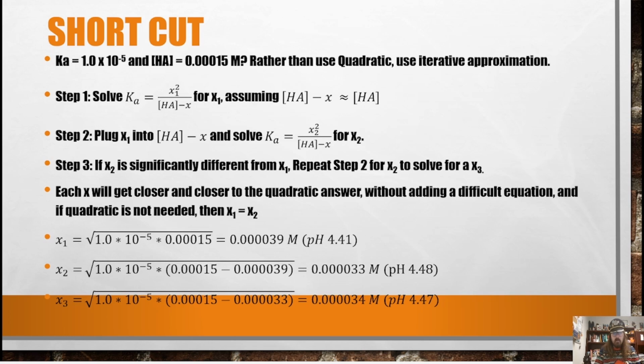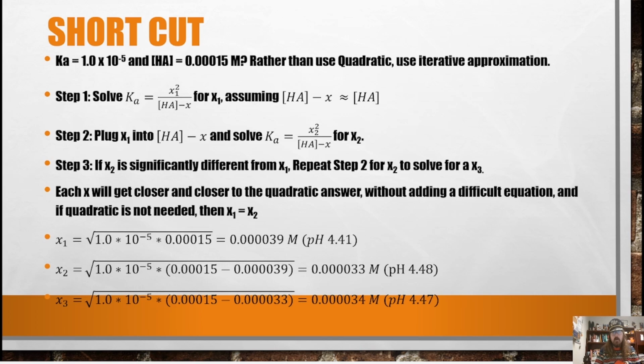So we did it after the first time, and we get 3.3 times 10 to the negative fifth. A significantly different number, whose negative log would give you 4.48. Now, most times that might be good enough to stop, but we could keep going, and it changes again to 3.4 times 10 to the negative fifth, or a pH of 4.47.